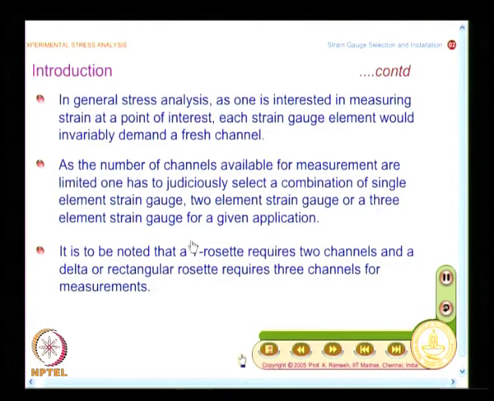And this is what is emphasized again: a T rosette requires 2 channels, and a rectangular or delta rosette requires 3 channels for measurement. So, you should know the distinction between what you want to measure and how many channels you use. It looks very simple, but when you ask in the examinations, people make mistakes. So, have clarity in this aspect.